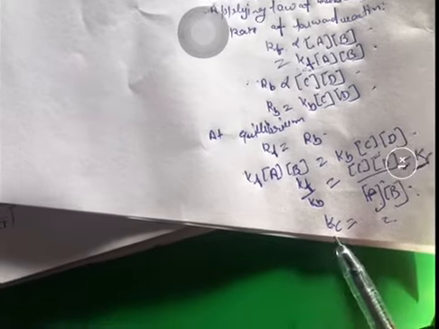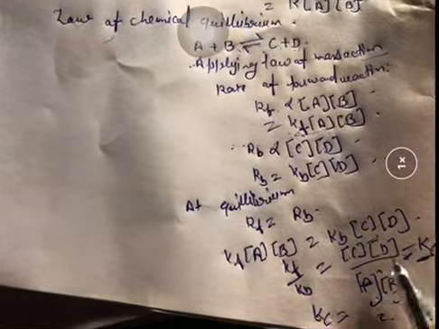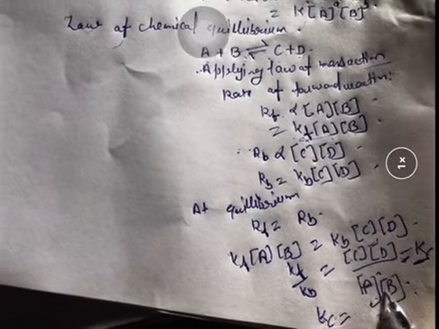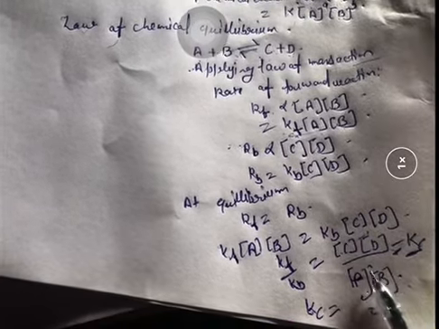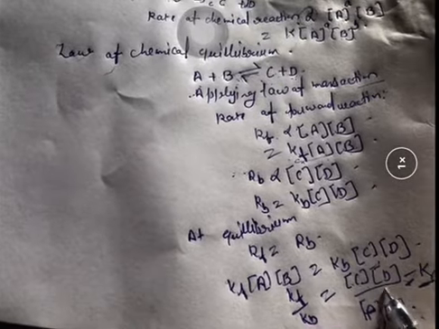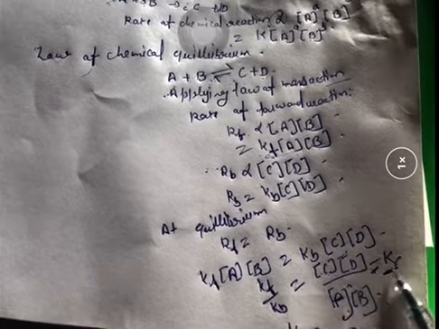Clear? We learned the same with the help of the expression. According to the law of chemical equilibrium, the concentrations of products and reactants should be raised to their stoichiometric powers. Clear? We have to take this reaction at constant temperature.